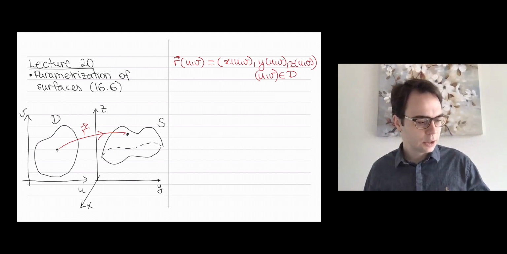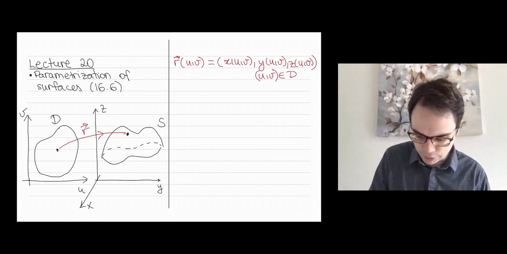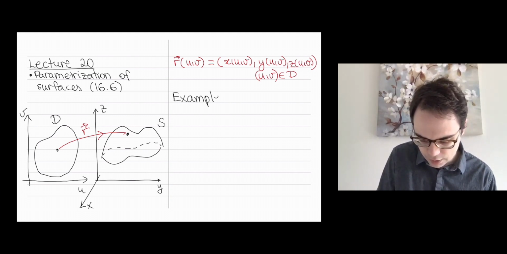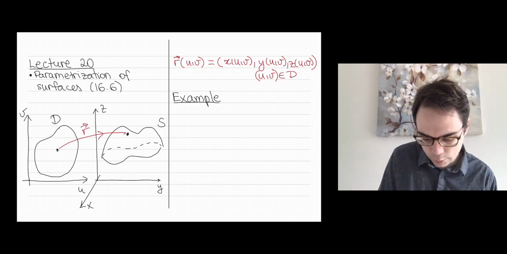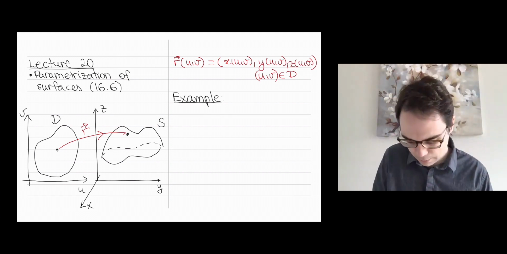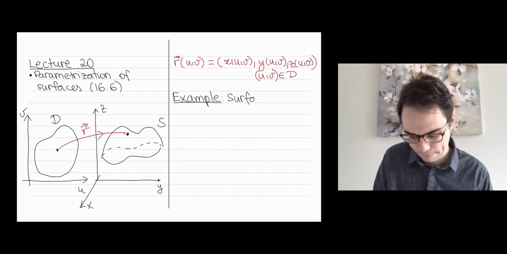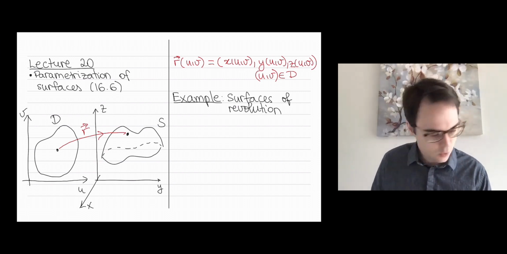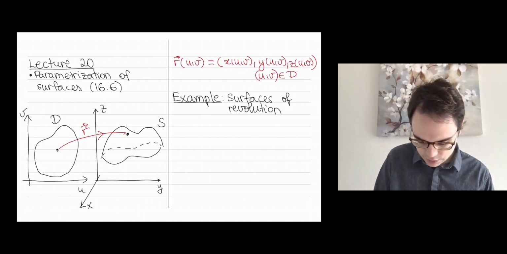Okay, so let's take a look now at an example of a parameterization. Let's look at surfaces of revolution. I'm going to show you how to parameterize a whole class of surfaces. Here's the setup.